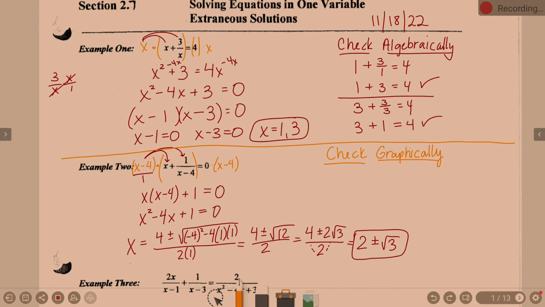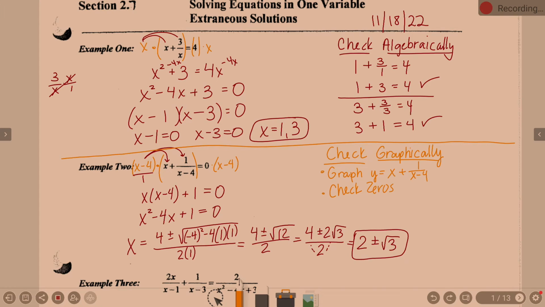X-intercepts. In order to do this, my equation is already equal to 0, yes? You can take your original equation, and instead of the 0, replace it with y. And so we can graph y equals x plus 1 over x minus 4. Okay? And then after we graph that, we check our zeros.